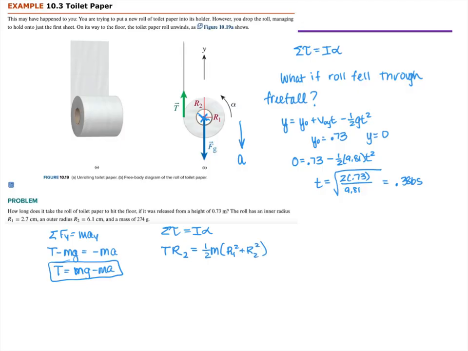And then times alpha. They have alpha in this picture drawn counterclockwise, but this tension is going to cause it to rotate clockwise, so I'm just going to stick with that, and that's why these two signs on the left-hand side and the right-hand side agree with each other, because the torque that causes the angular acceleration, they should be the same sign.